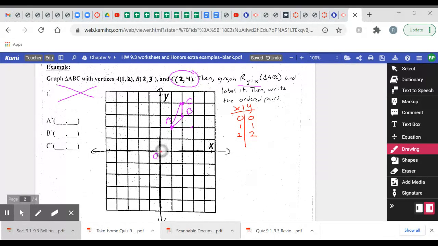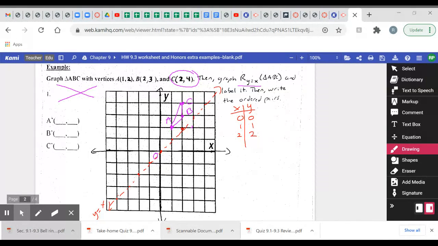So if I plot those points, I can see that this line is a slanted line that goes through the origin, and it basically has a slope of 1. So I'm going to just make a dotted line here. I'm going to go ahead and label it y equals x.